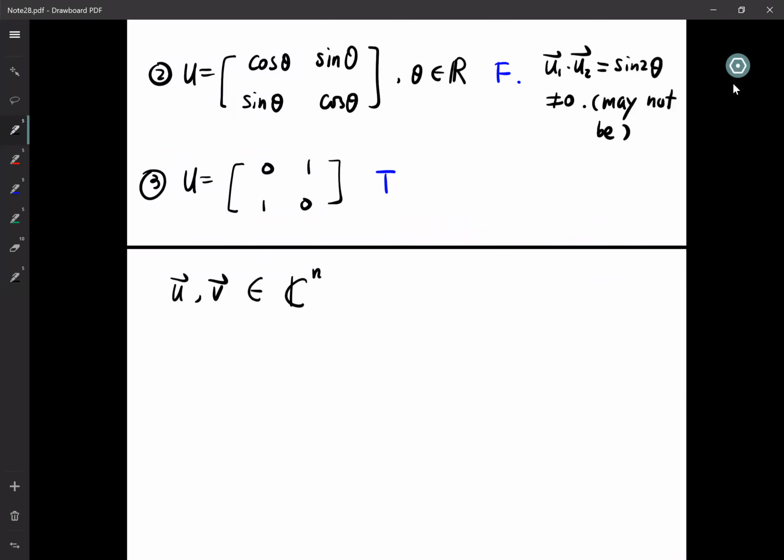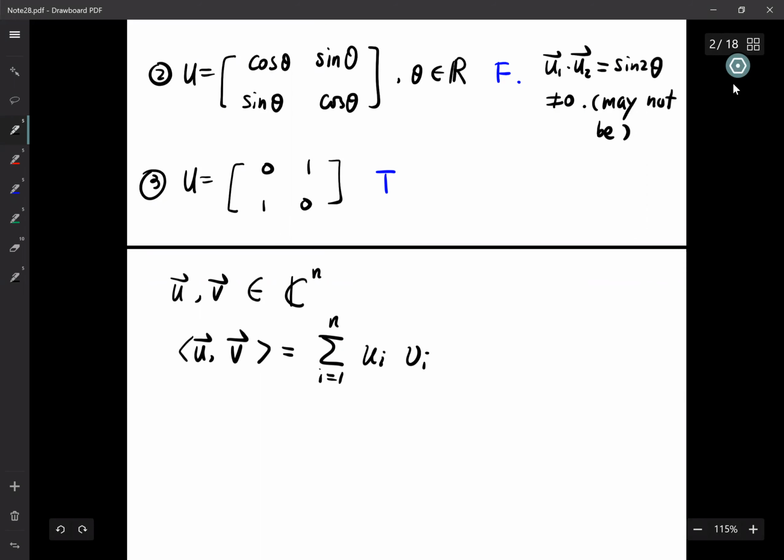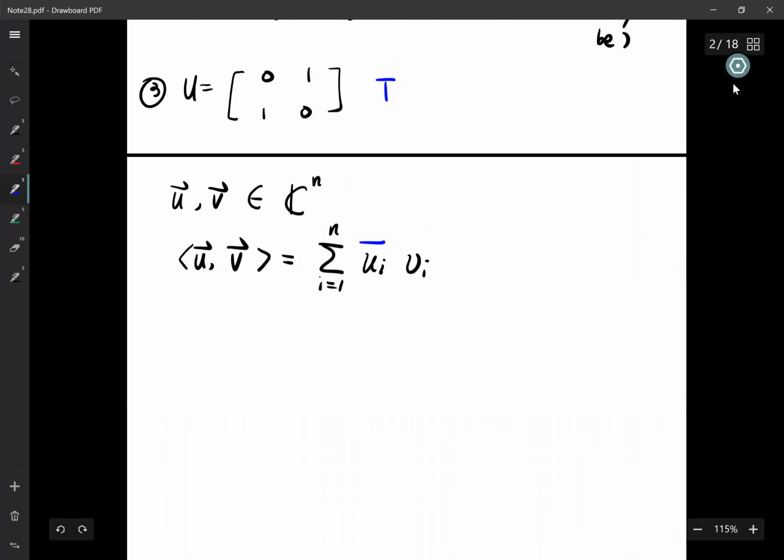For the real one, it's the inner product of u and v equal to the summation over i from 1 to n of u_i v_i, right? When they're complex, I actually need to add a bar. So this is the proper definition of the inner product.